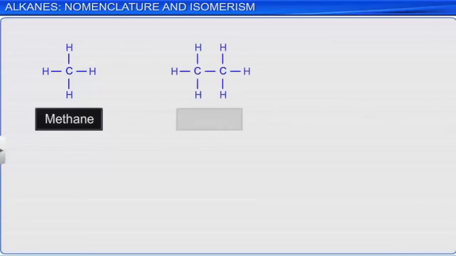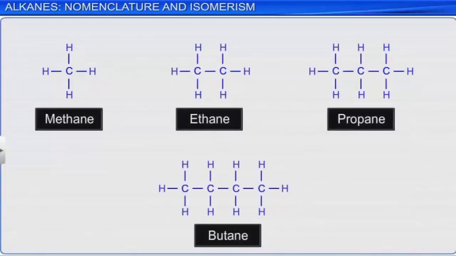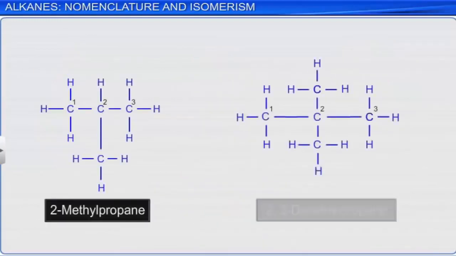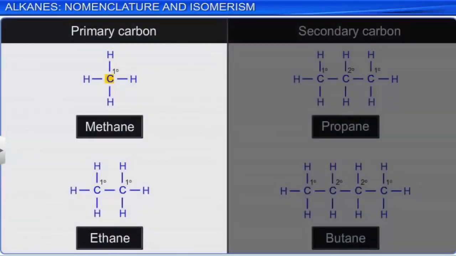However, as the number of carbon atoms within a molecule goes on increasing, the structure becomes more and more complex. When a carbon atom is attached to hydrogen or just one other carbon atom, it is said to be primary carbon.